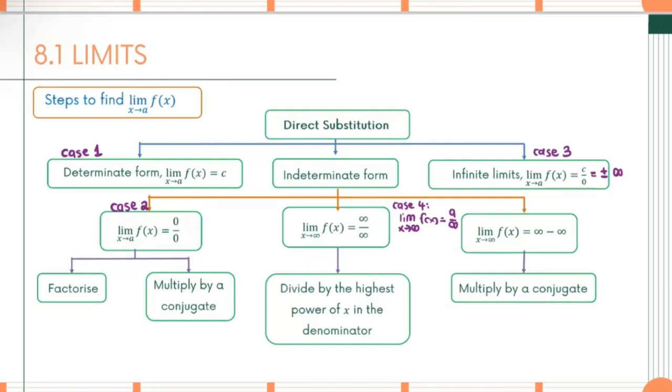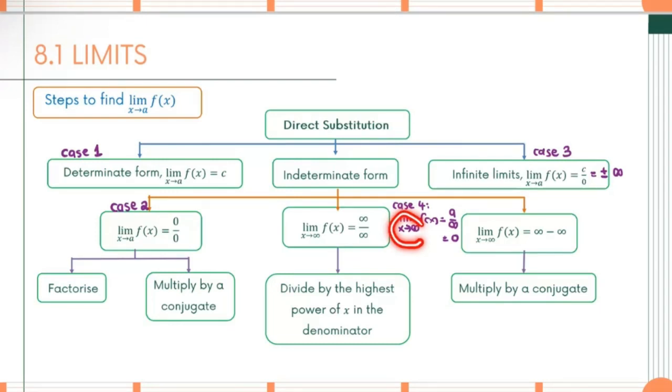So bila kamu dapat constant over infinity, sebenarnya kamu akan dapat kosong directly. Okay. So kalau constant over 0, kamu dapat infinity. Tapi kalau constant over infinity, kamu akan dapat kosong. So ini adalah kes yang keempat bila gantikan x approaching infinity.